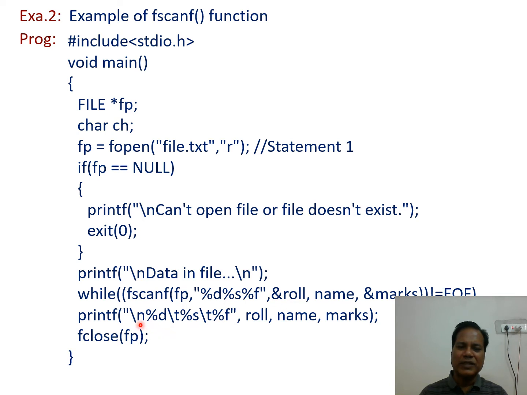So here backslash n is used to print the data in a new line, and at the place of %d, the value of the roll number is printed, and then backslash t shifts the cursor to the right, to the tab position, and then the name is printed, and again using backslash t, the cursor is shifted right to the tab position where marks is printed.